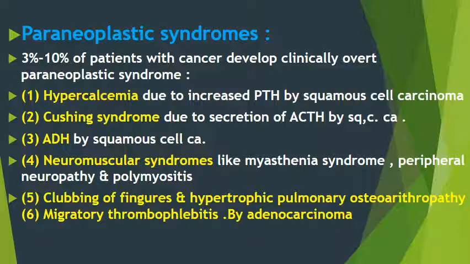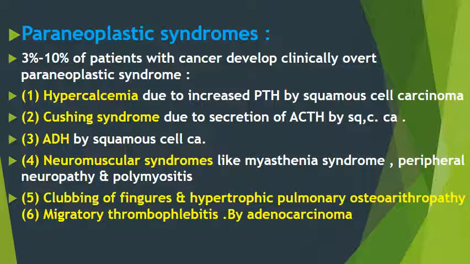Can paraneoplastic syndrome be seen in other cancers in the body? Yes. It can be seen in other types of cancer, as in pancreatic carcinoma, in breast cancer, and other types of cancer out of our scope here.